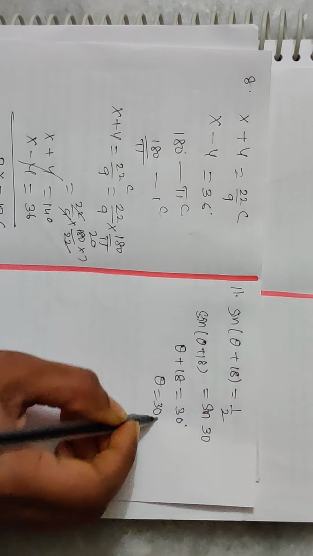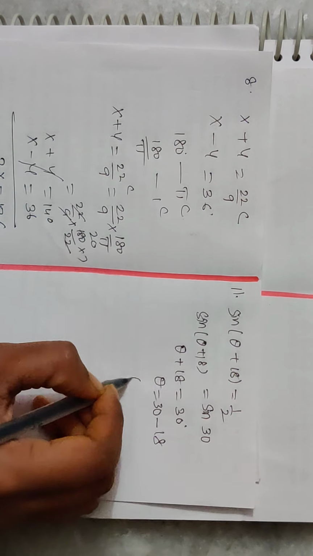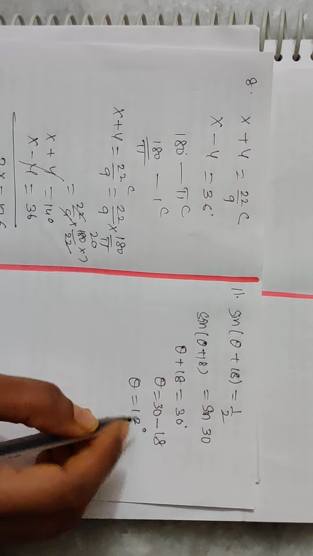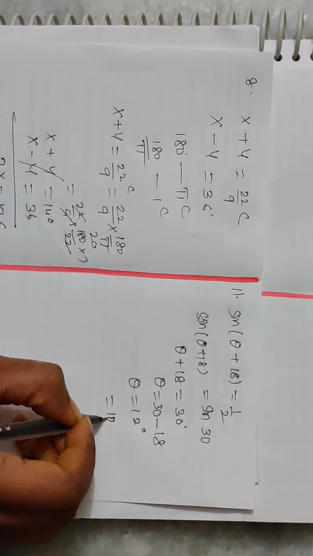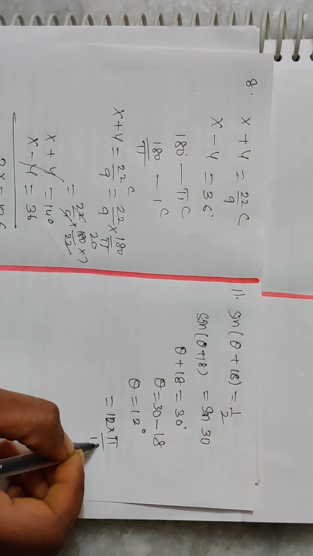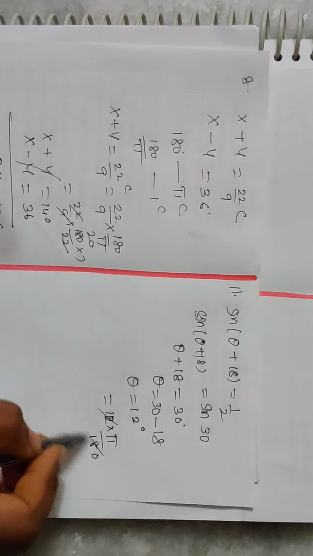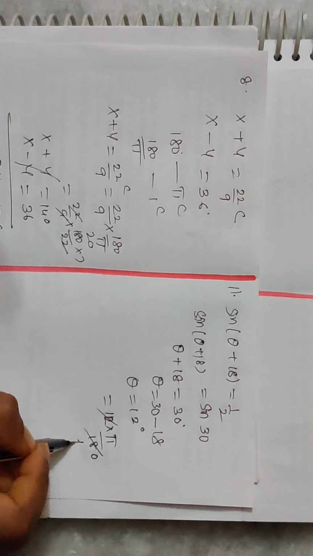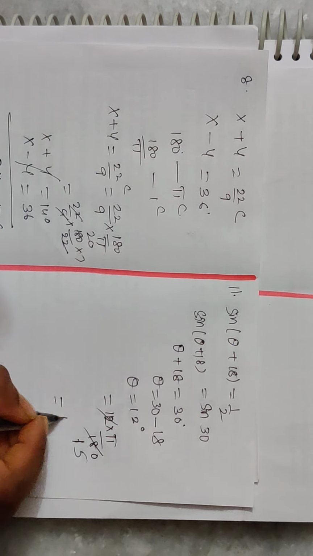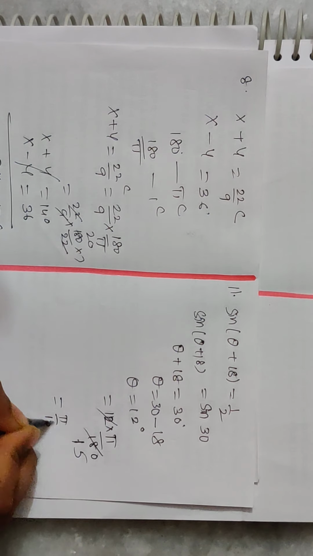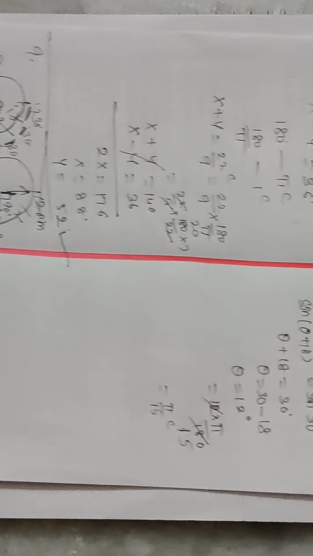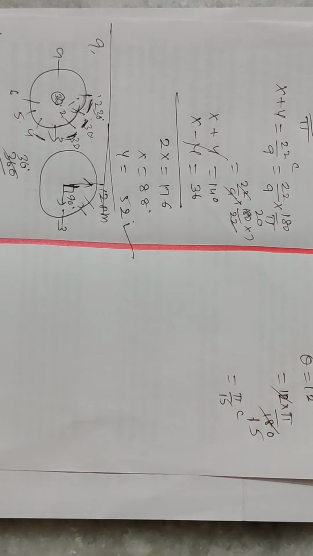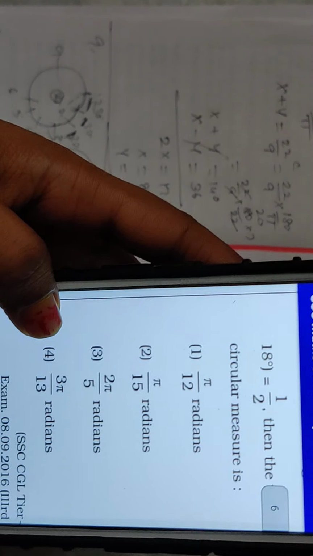Theta is equal to 30 minus 18, so theta is 12 degrees. 12 degrees is equal to 12 pi by 180 radians, which is pi by 15 radians. Here the value of theta is pi by 15 radians. Second option.